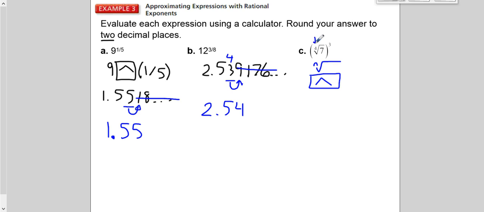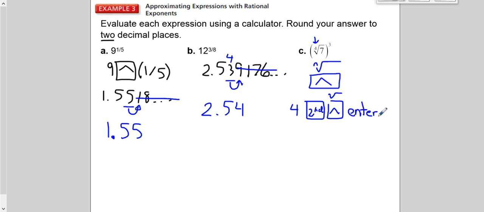Some calculators, you actually have to type in the 4 first. For mine, I'm using just a scientific calculator, not a graphing calculator. So I'm going to type 4, then my second button, then the caret because it has this nth root above it, and then I'll type in my 7.